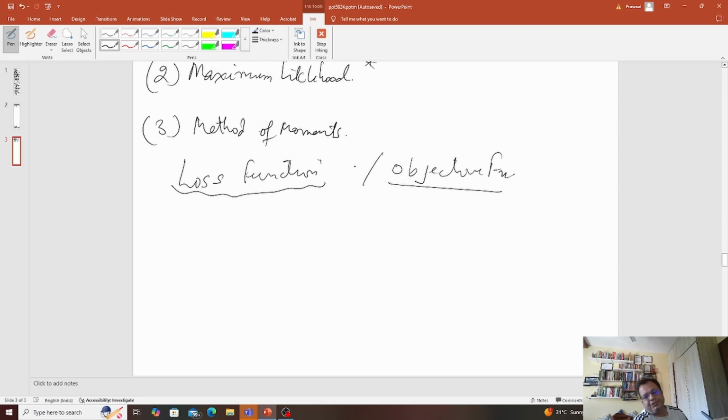This loss function is very important, because everything that we shall optimize is going to be the optimization of the loss function itself. Generally there are 2 methods of model estimation. Of course there are these 3 methods, but I would say there are 2 techniques to do model optimization or model estimation.